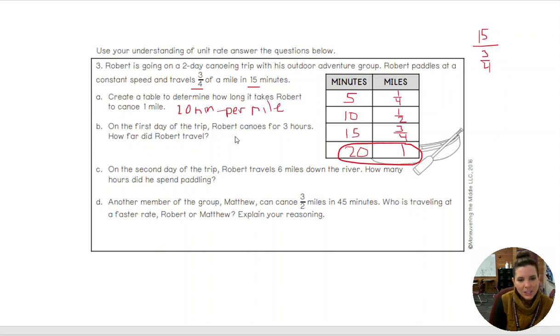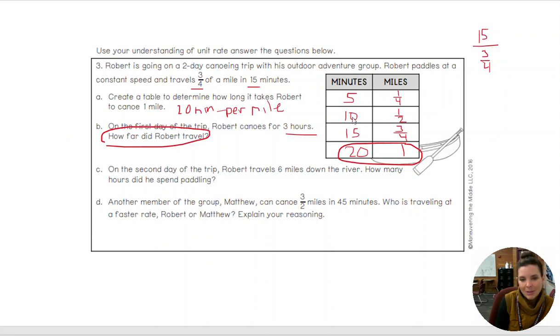So now, on the first day of the trip, Robert canoes for 3 hours. And then it says, how far did Robert travel? Okay, so we know every 20 minutes he's going 1 mile. We also know that 1 hour is equivalent to 60 minutes. So that means in 1 hour, he's going to be able to travel 3 miles.